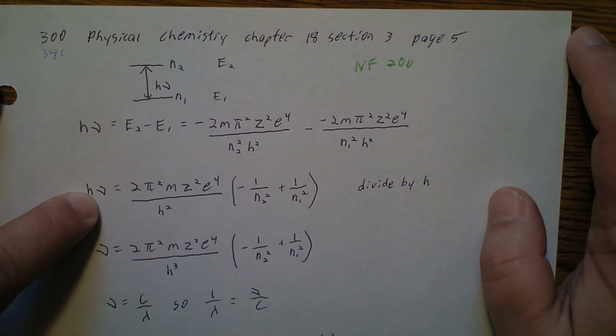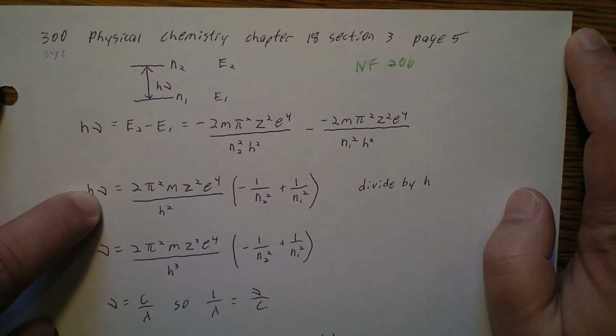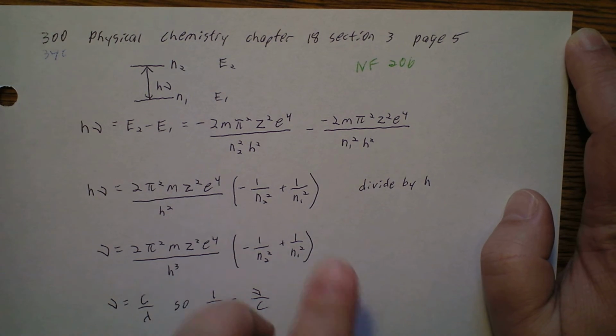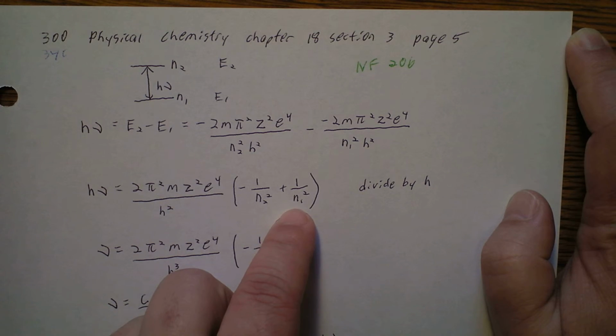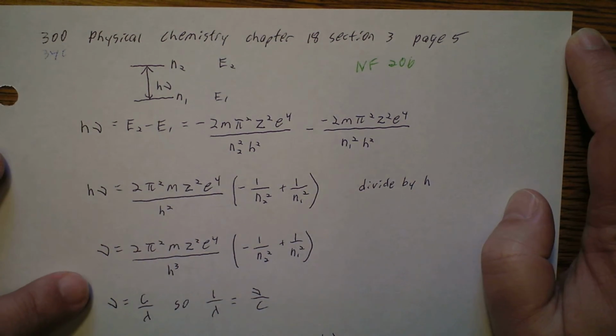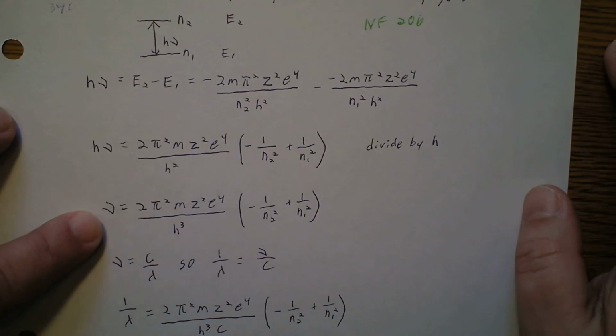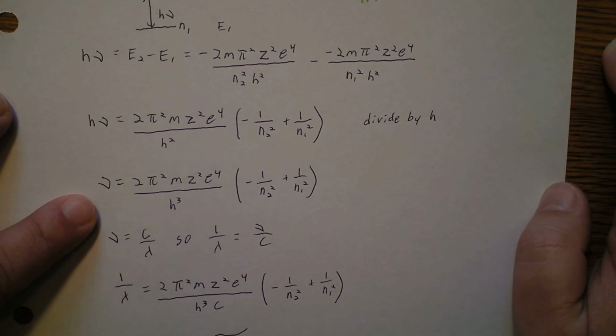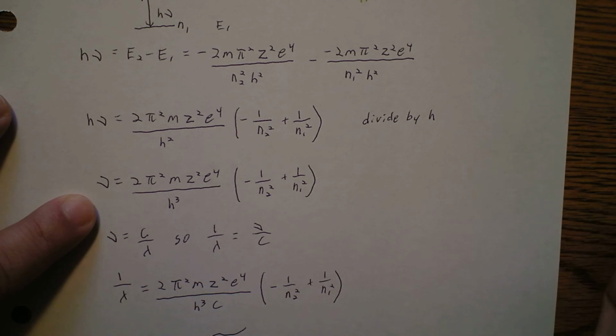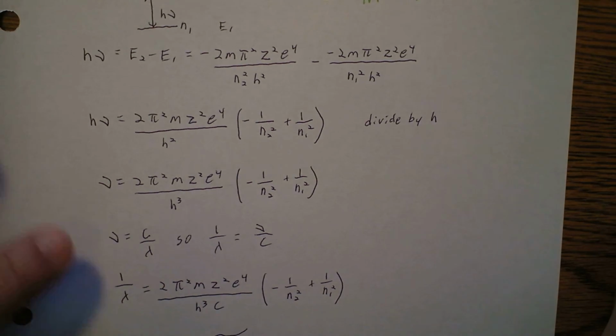So we can factor that out and just say h nu is equal to 2 pi squared mz squared e to the fourth over h squared times the quantity minus 1 over n2 squared plus 1 over n1 squared. Then divide by h, and we get nu is equal to 2 pi squared mz squared e to the fourth over h cubed times the quantity minus 1 over n2 squared plus 1 over n1 squared.